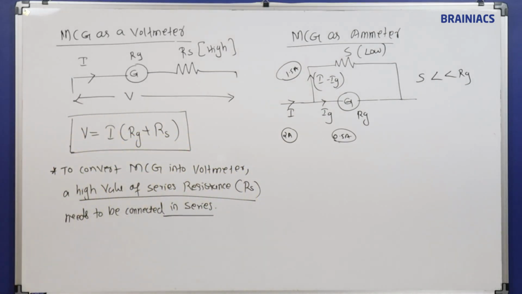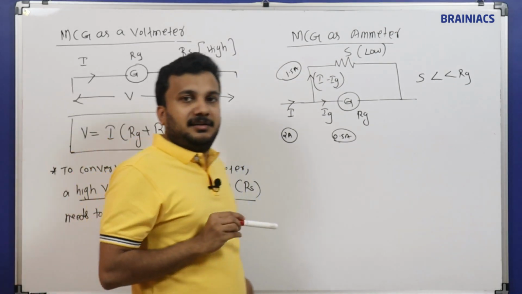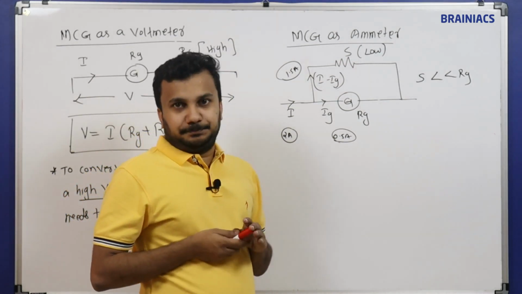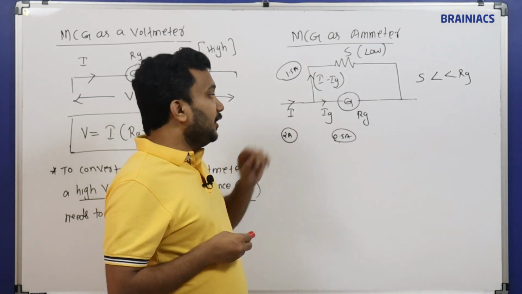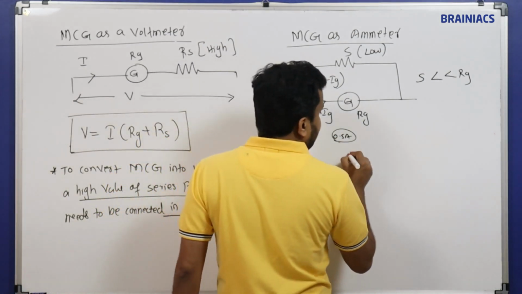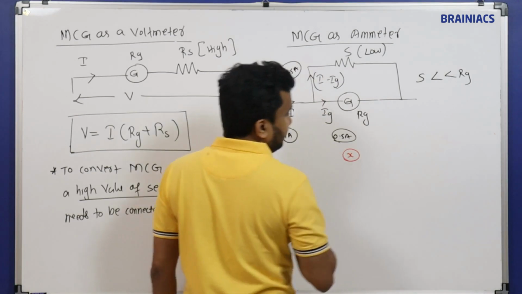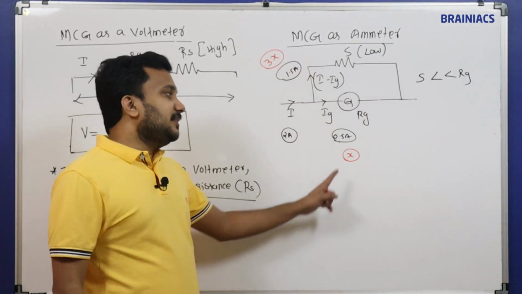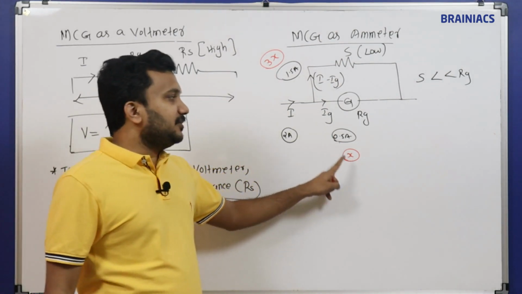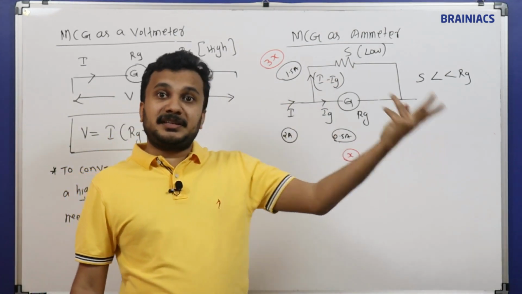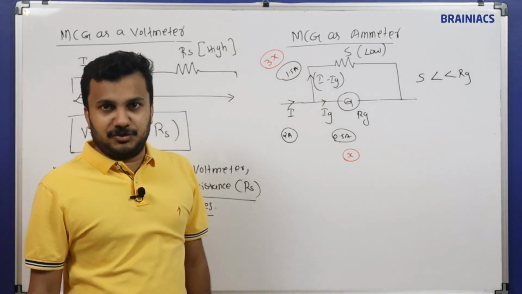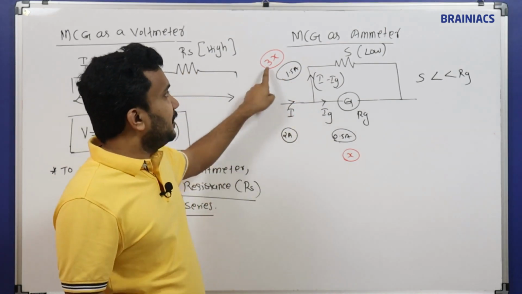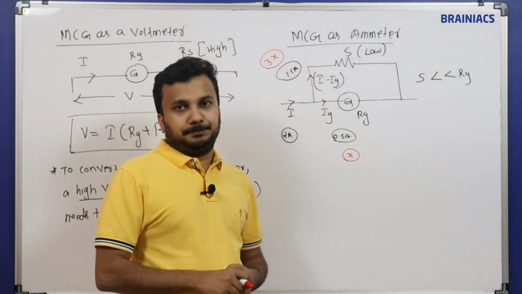Practically, if I take 0.5 as x, then 1.5 is 3x, because 3 times 0.5 is 1.5. So this is x, and this becomes 3x.